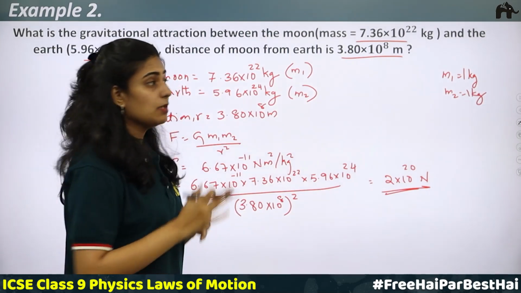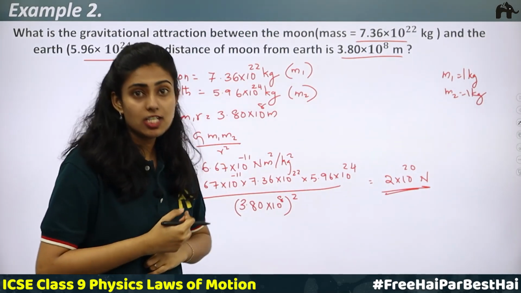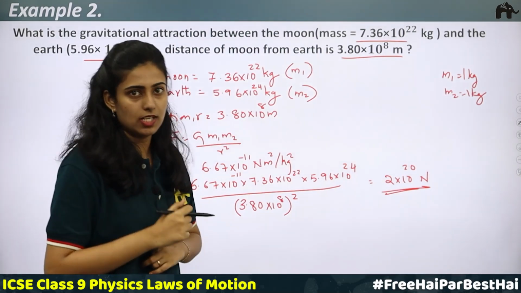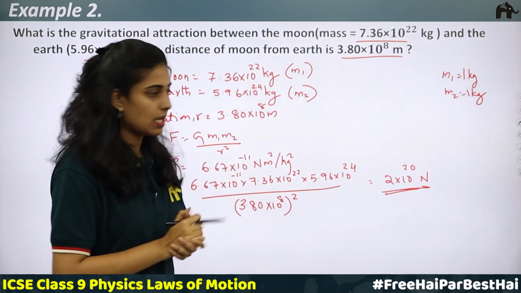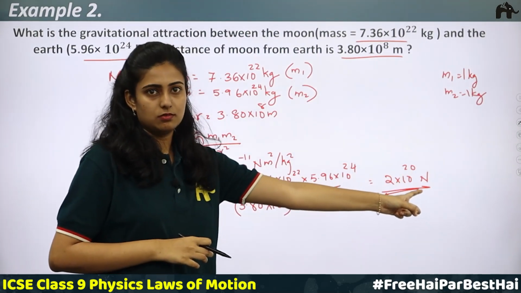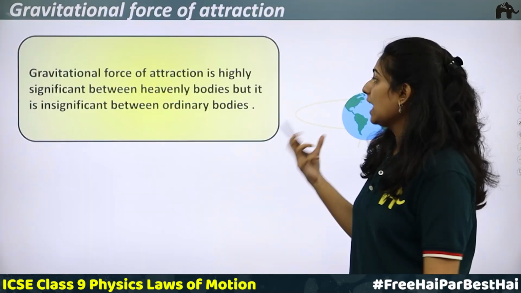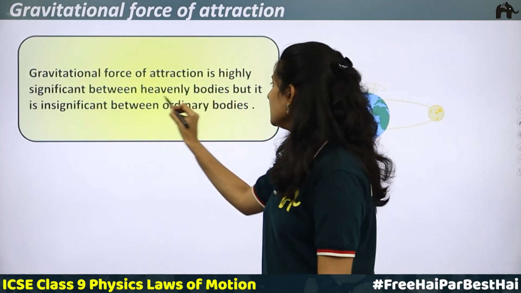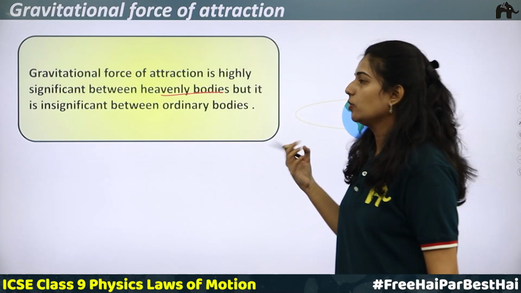In the previous case, we got gravitational force equal to 6.67 into 10 raised to minus 11 newtons, which is a very small force compared to this. This is 2 into 10 raised to 20 newton. Understood? Gravitational force of attraction is highly significant between heavenly bodies, but it is insignificant between ordinary bodies.